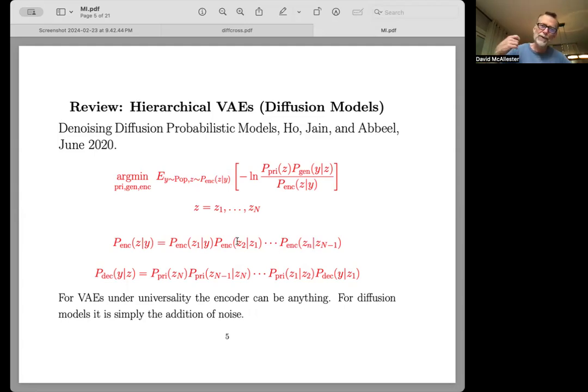And actually, the terminology hierarchical VAE goes way back and is independent of diffusion models. And in fact, picking the right citation for this idea is hard because there are many pieces in earlier works that are relevant. One is the hierarchical VAE paper.